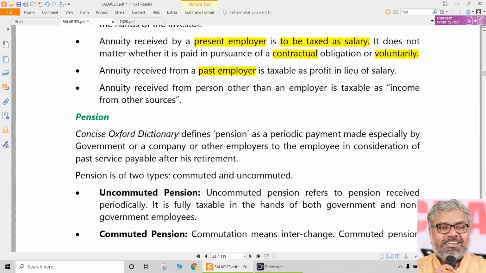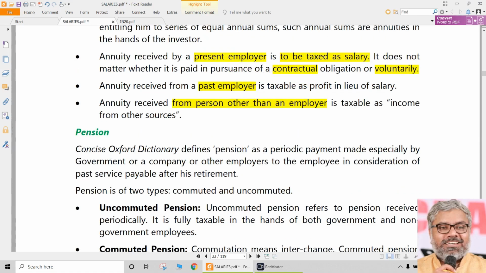If it is received from a person other than employer, then it will be taxable under income from other sources. For example, family pension. Family pension received by whom? Received by the family of a deceased employee from the employer of the deceased employee.